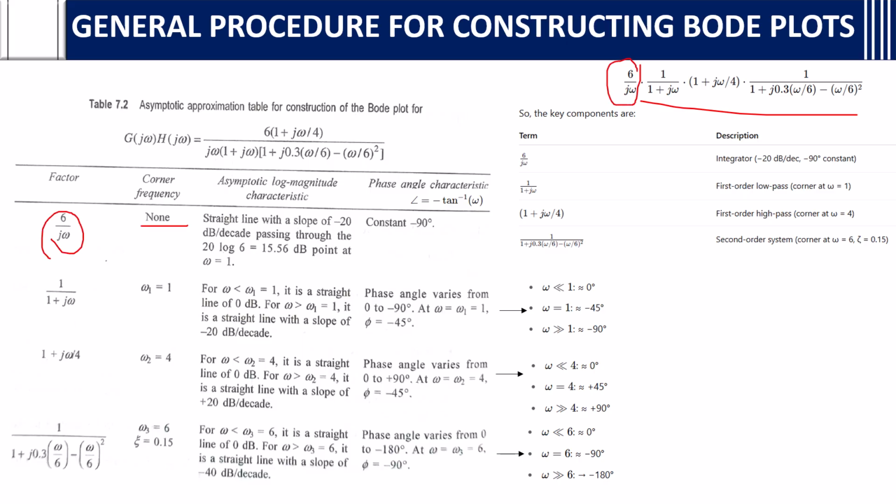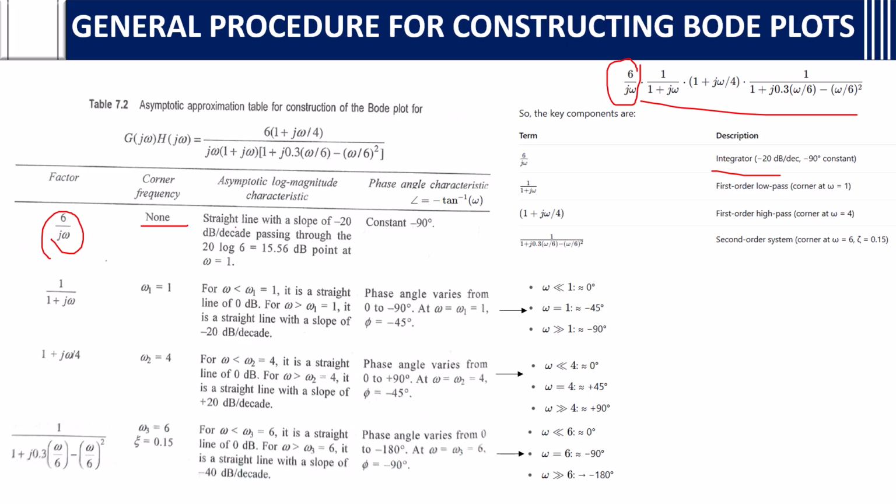For this, the corner frequency is none, as here it is an integrator.